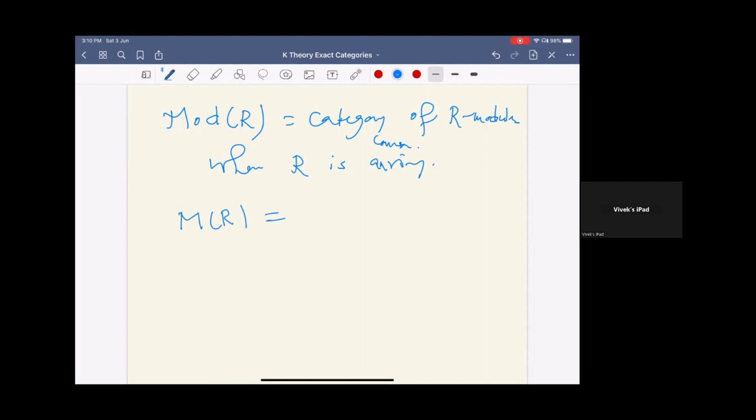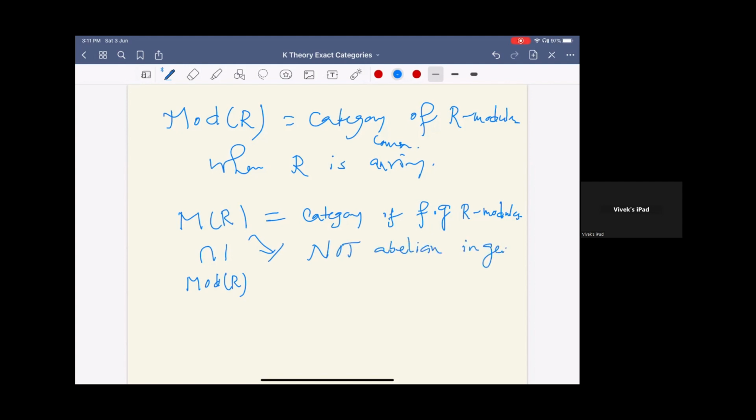this is the category of finitely generated R-modules. So this is a subcategory of Mod R, but it is not abelian in general, unless R is Noetherian.